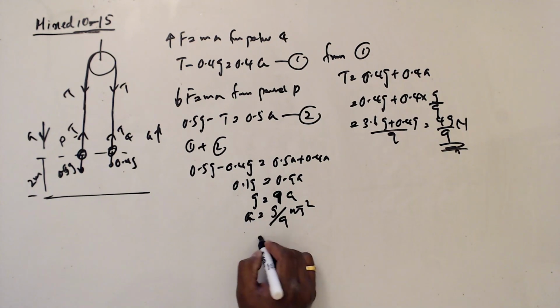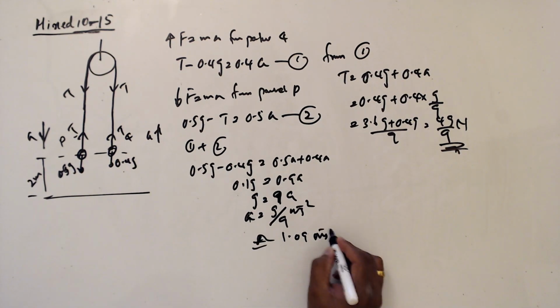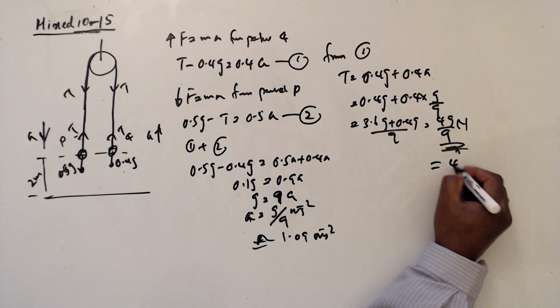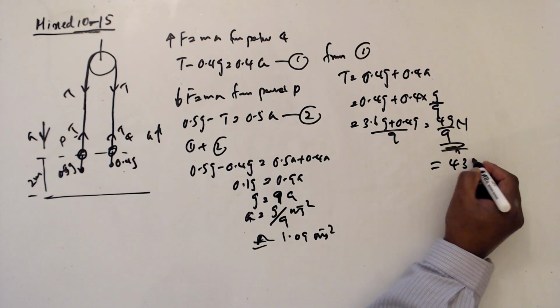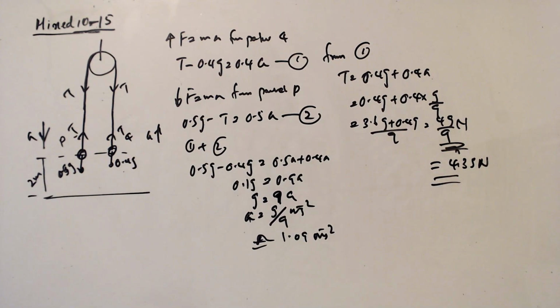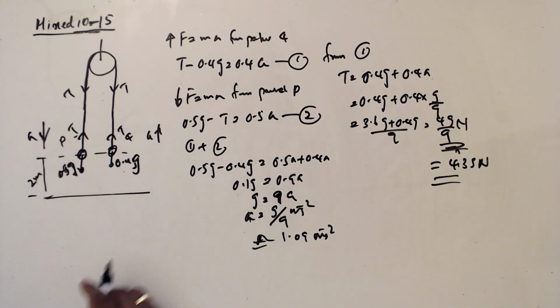So the acceleration is approximately 1.09 m/s², and tension is approximately 4.35 Newton. This is g, gravitational acceleration.